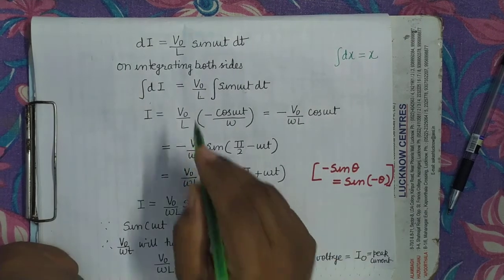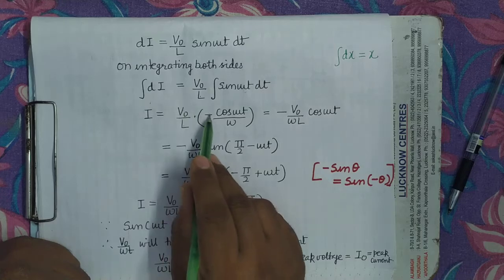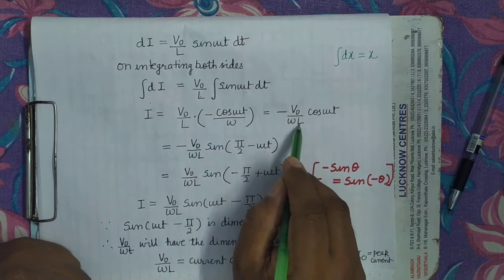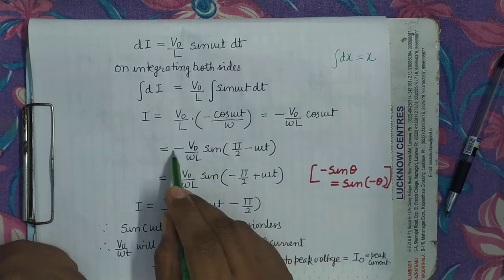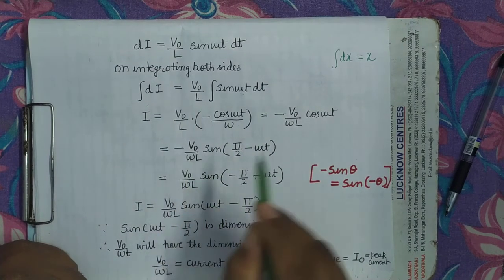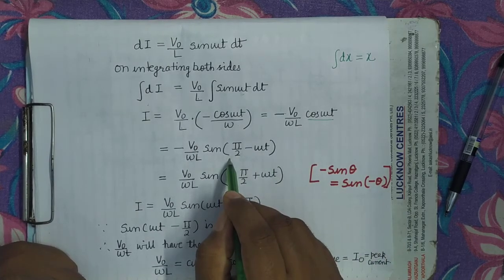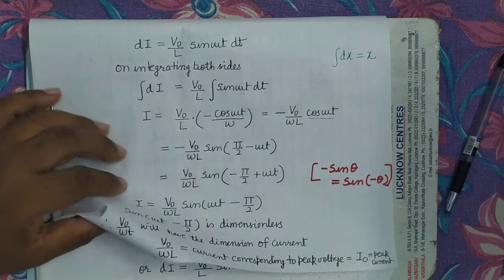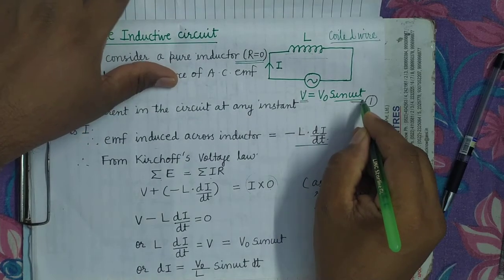When you rearrange the terms, this and this are in the product, so the sign will be minus. You write here V naught divided by omega L into cos omega t. So it is minus V naught upon omega L, and this term of cos you write in sine. And why do you write in sine? Because the expression of the voltage is in the sine function.